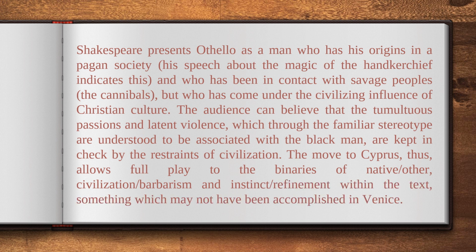The audience can believe that the tumultuous passions and latent violence which, through the familiar stereotype, are understood to be associated with the black man, are kept in check by the restraints of civilization at Venice. The move to Cyprus thus allows full play to the binaries of native other, civilization and barbarism, and instinct and refinement within the text, something which may not have been accomplished in Venice.